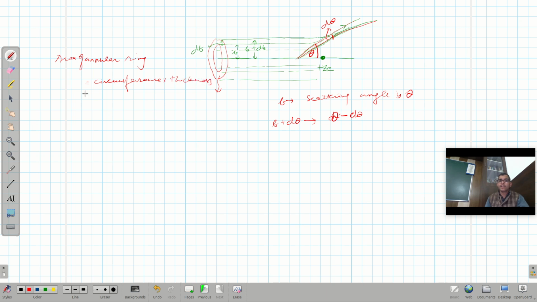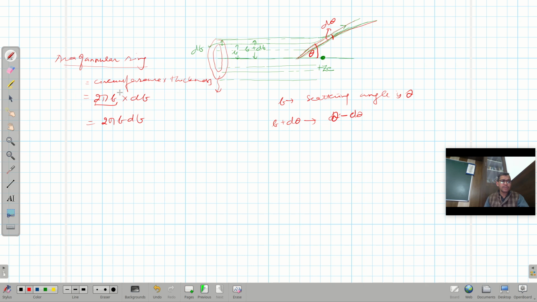So what is its circumference? If its radius is b, its circumference is 2 pi b, multiplied by its thickness db. So the area of this annular ring is 2 pi b db.